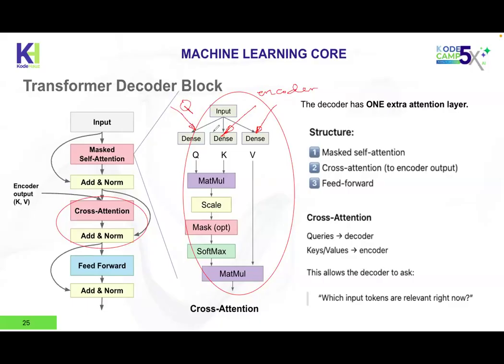There will still be a projection matrix, a weights matrix here, WQ, WK, WV, that will now project onto the QKV that comes into this second cross attention. But the main thing is that your K and V are now coming from the encoder output, right? You have the projection matrices here. And then the Q is going to come from the previous masked self-attention layer and pass through this.